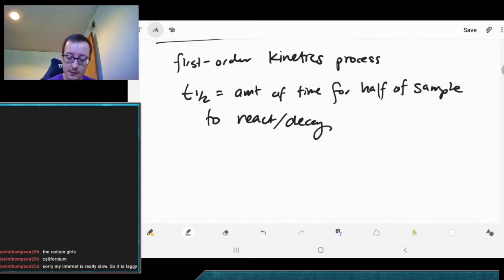And it's going to be a constant. It's going to follow typical first order kinetics.